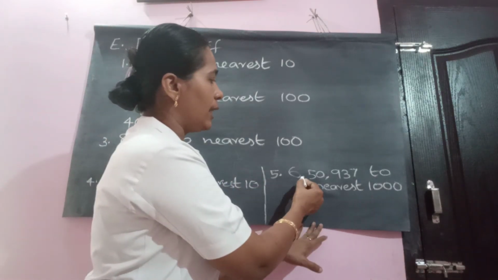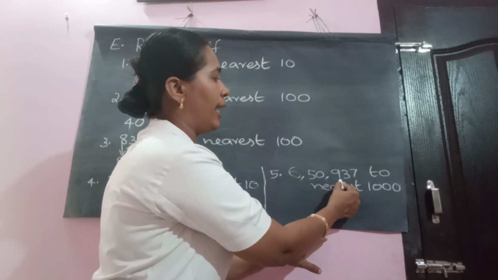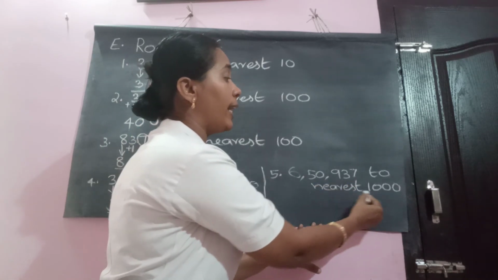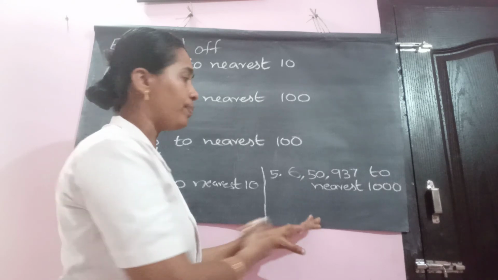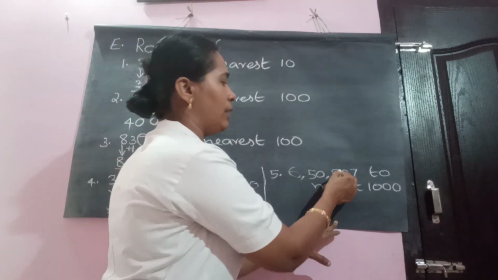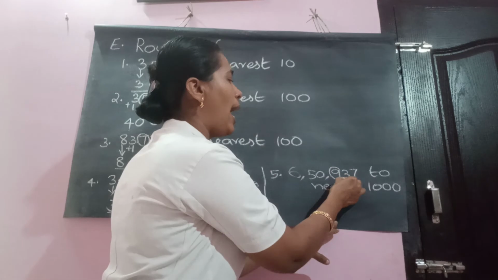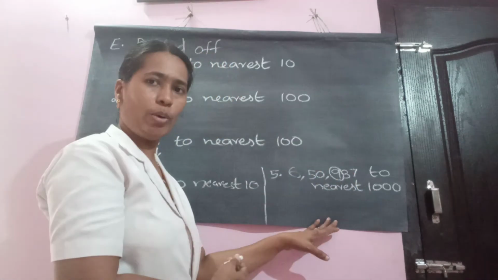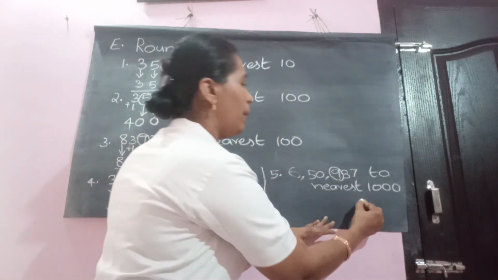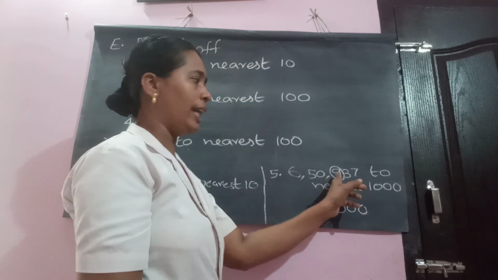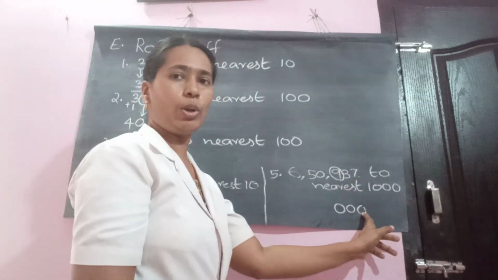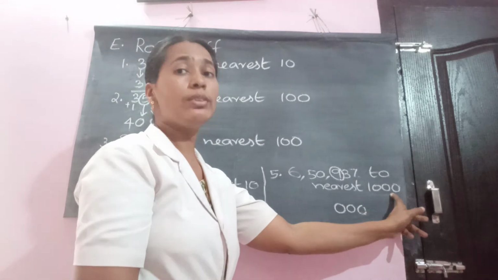Let us move to the last question. 6,50,937 to the nearest 1000. Nearest to 1000 means which digit do you have to round off? The 100s digit. Replace the last 3 digits by zeros, because in 1000 there are 3 zeros.